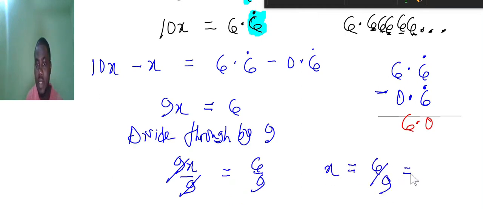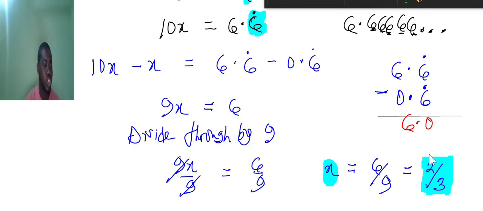We can still divide to the smallest term. 3 into 6 is 2, 3 into 9 is 3. So x is 2 over 3. So we have been able to express that recurring decimal as a fraction in its simplest form, which is 2 over 3. Now you can double check with your calculator. Just input 2 over 3 and you see a recurrence of 0.66666666 like that. Okay, that's number 1.